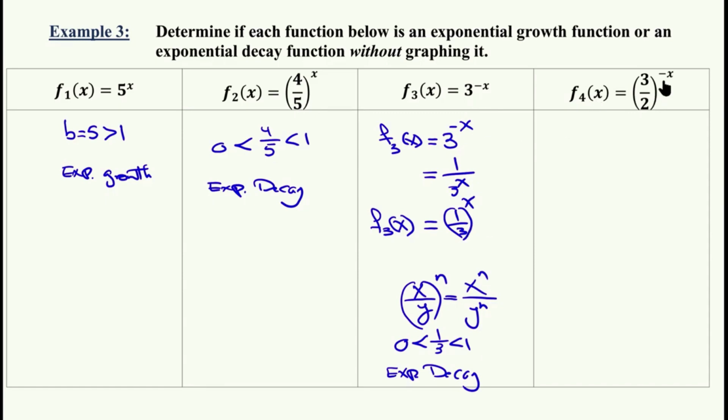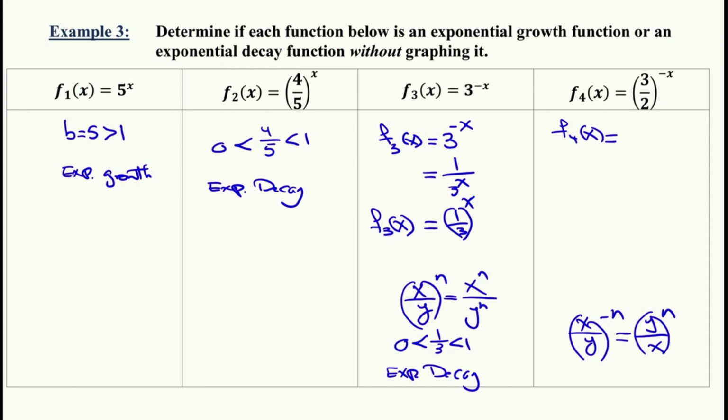Once again, here we notice that we have a negative exponent on the fourth function, so we go ahead and write f4 of x using the rule we saw earlier, that if we have x over y to the negative n, that's the same as y over x to the n.